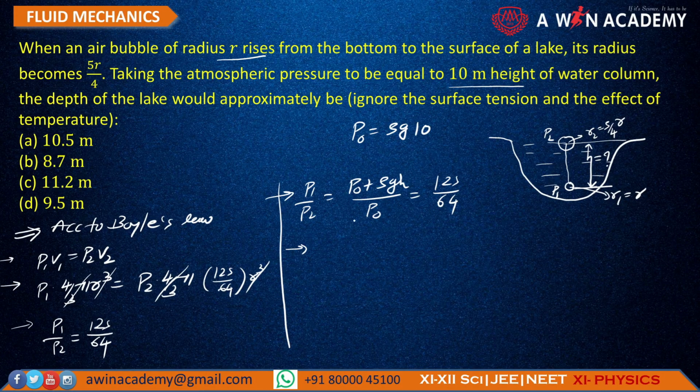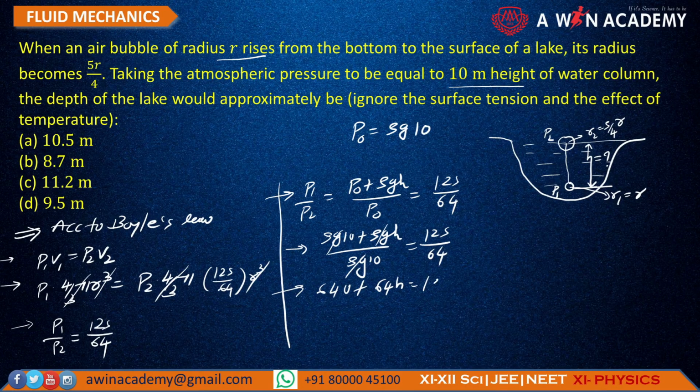Now here the P naught is rho g 10, so rho g 10 plus rho g h upon rho g 10 equals 125 by 64. Rho g cancels out. 64 is multiplied with 10 and h, this will become 640 plus 64h, and 1250, 10 is multiplied with 125.